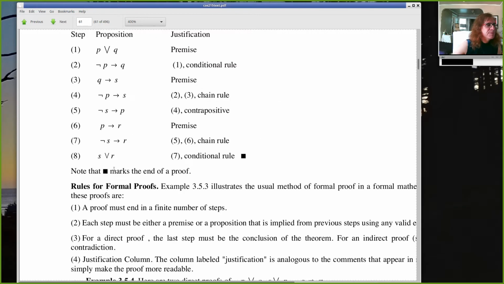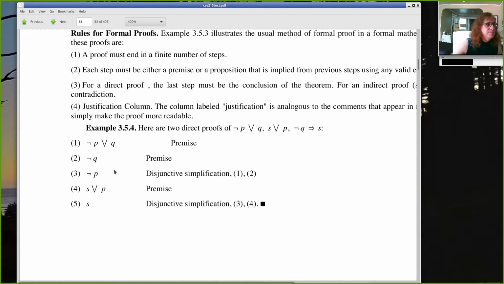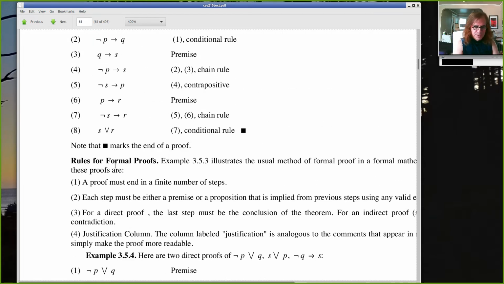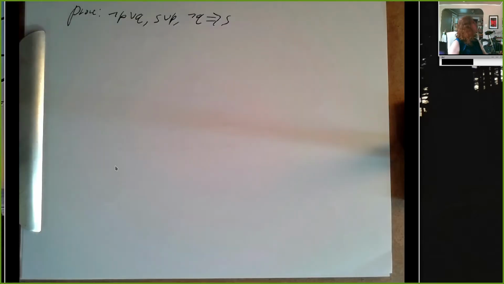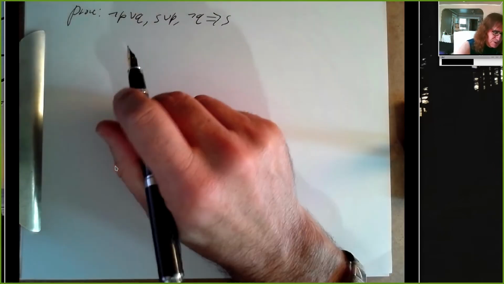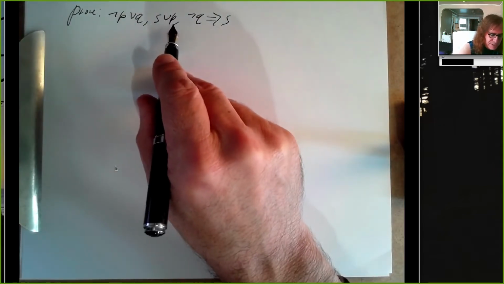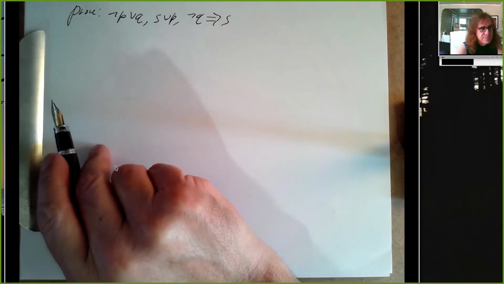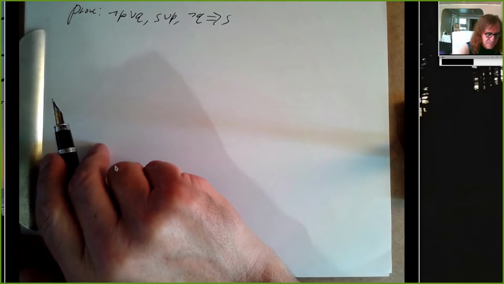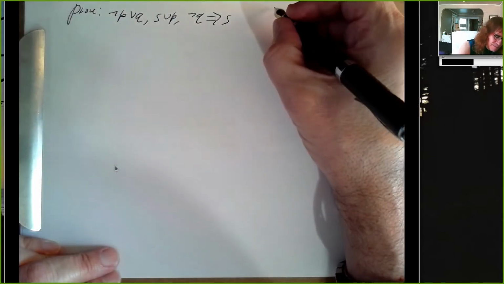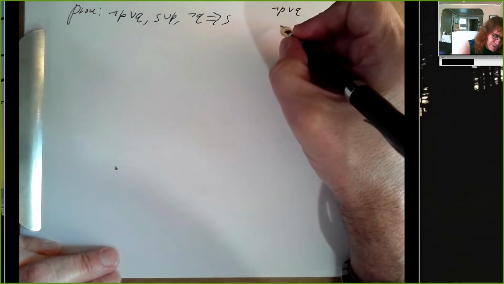So let's find something to play with. Let's play with this one: not P or Q, comma, S or P, comma, not Q, implies S. So we're given not P or Q, we're given S or P, we're given not Q, and we're asked to prove S. Typically we write these vertically.